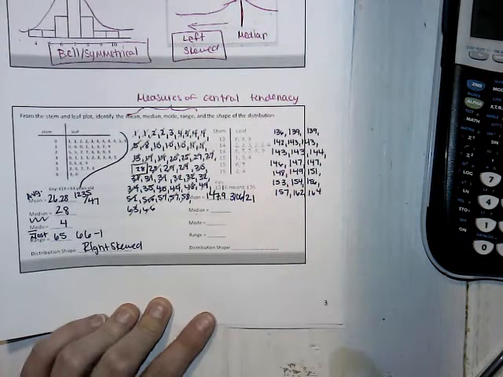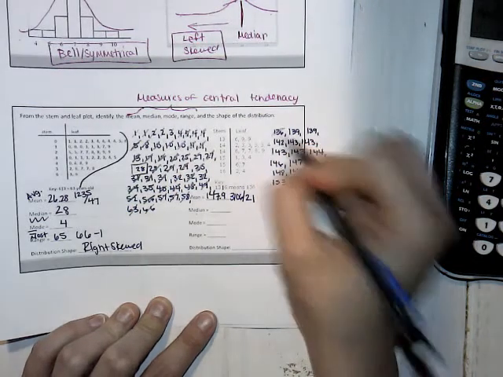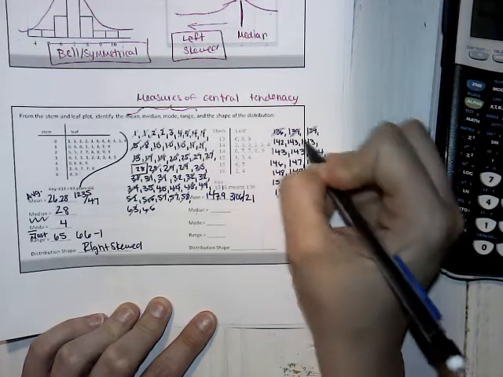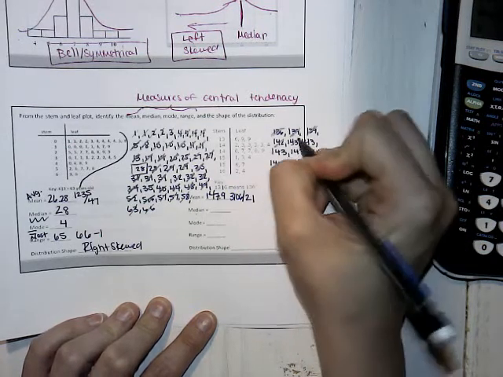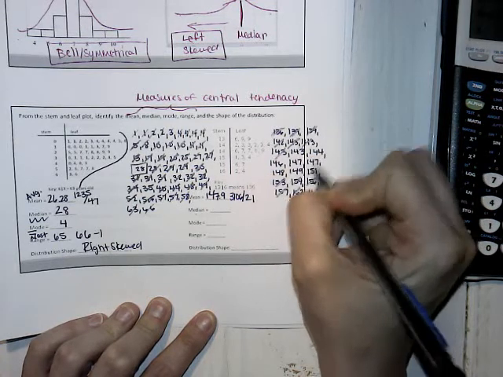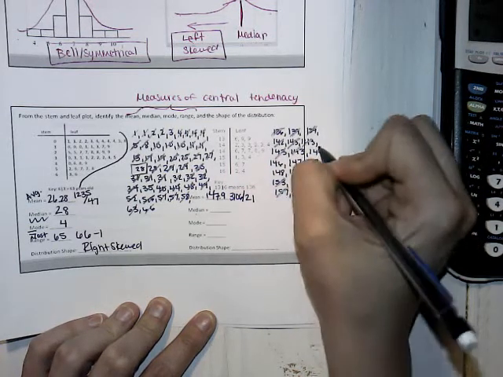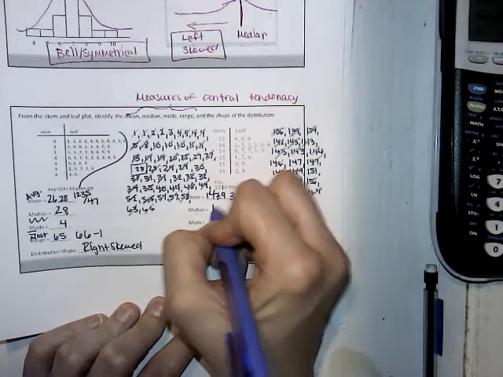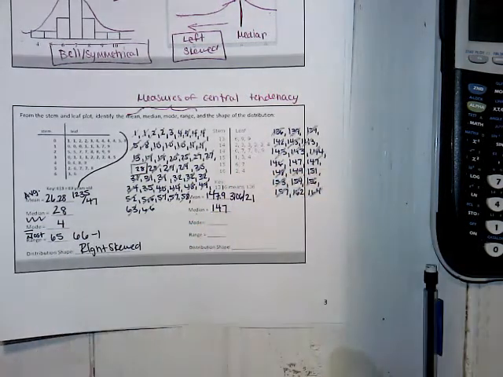My median is the middle. So I take my pencil and I just go back and forth until I reach my middle. My middle number is 147, which these two are really close, which is always good. If they're close, that probably means your data is not very much skewed, which is good there.